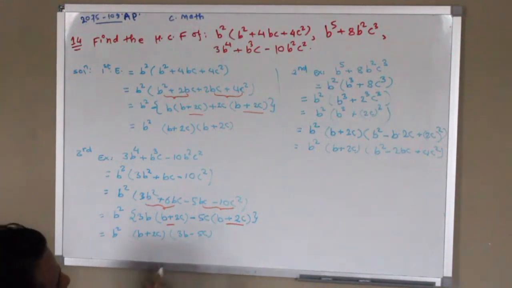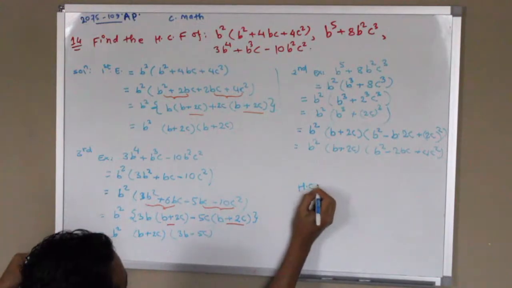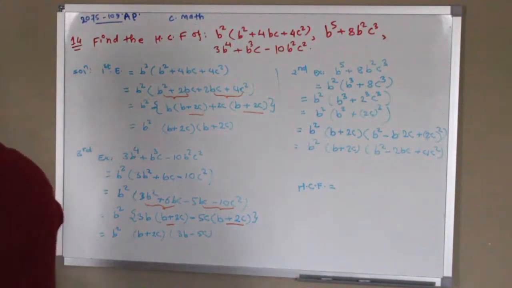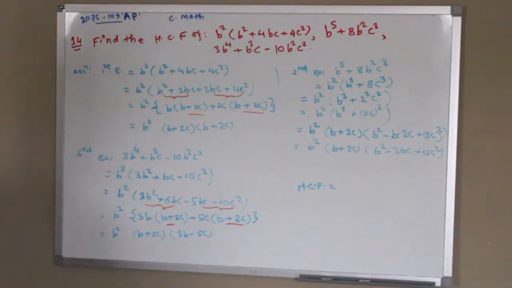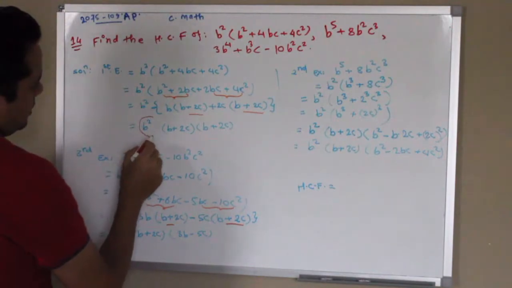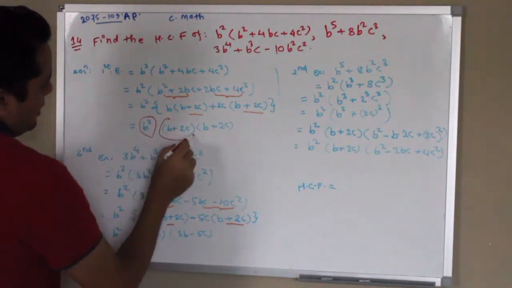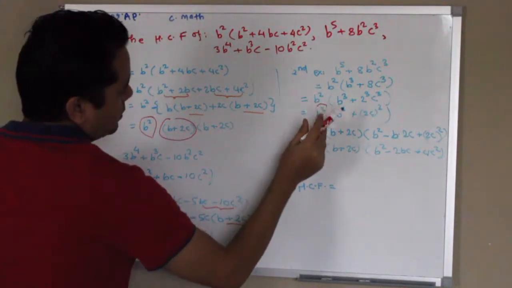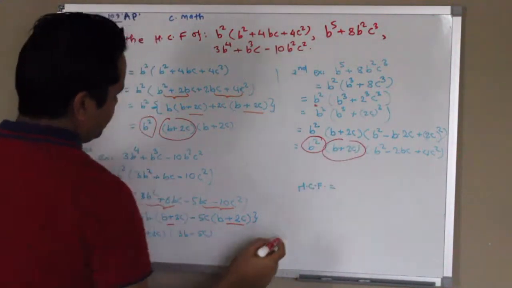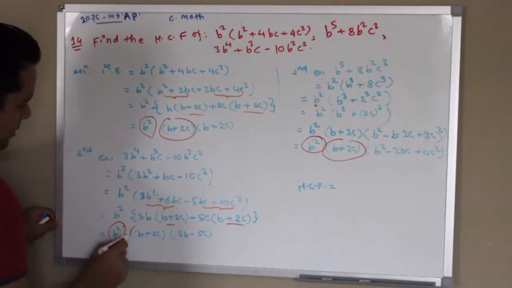So now what is the HCF? For the HCF, you have to look at the terms that are common in every one of the three expressions. So look here. These terms are also here, and here, also here.